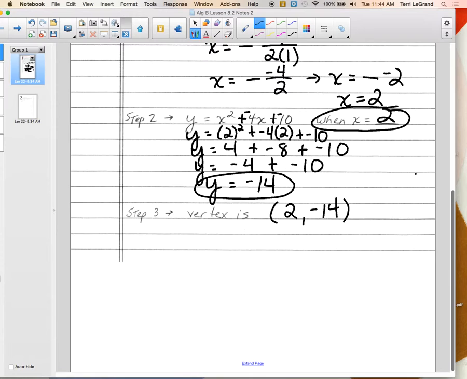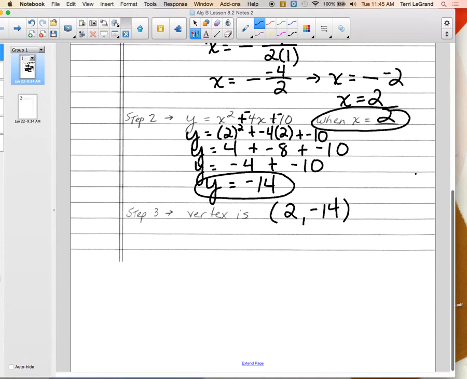It's going to open up. We know that much, but we don't know where yet. But what else do we know? What did we just find out? We found the vertex. It's the ordered pair 2, negative 14. So it's going to be a ways down here, isn't it? It's going to be probably like maybe right here. And it's going to open up.